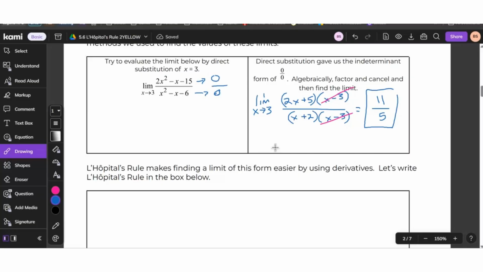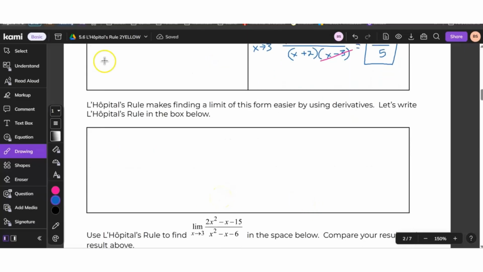L'Hopital's rule makes finding a limit of this form even easier. So let's write out L'Hopital's rule.